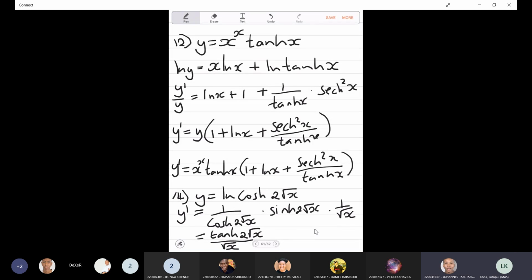Can you say that again? What I'm asking is, isn't the square root x multiplying with tanh 2 square root x? Here I have this times that. Yes. So when you say are they not multiplying, what do you mean?